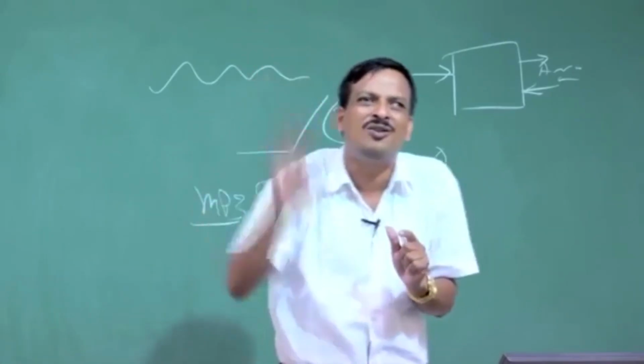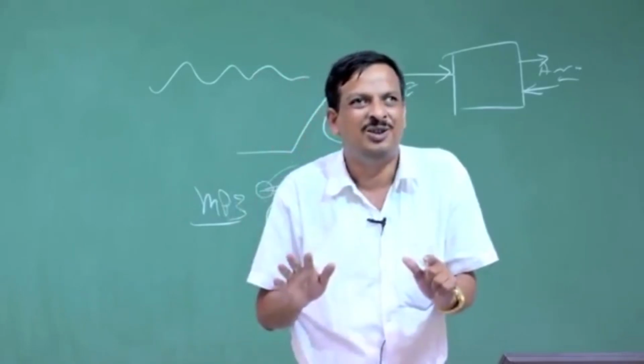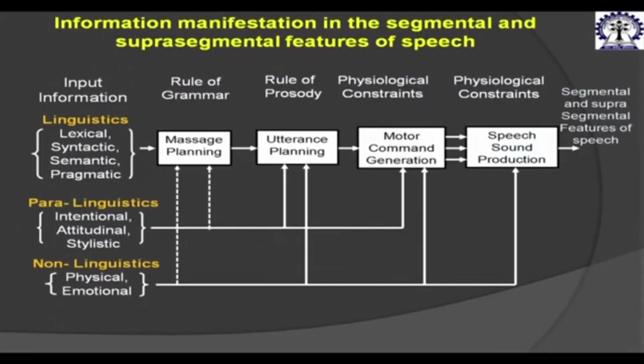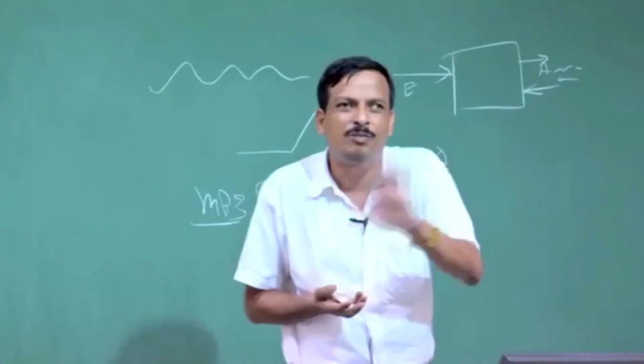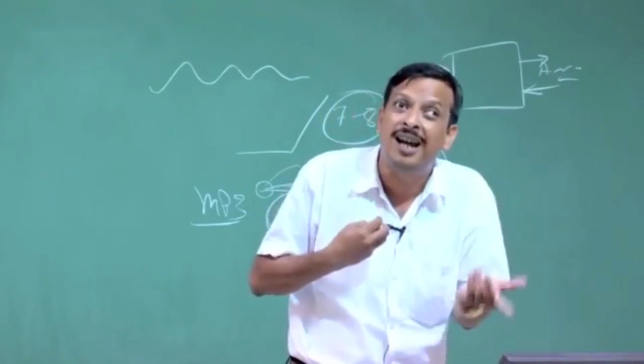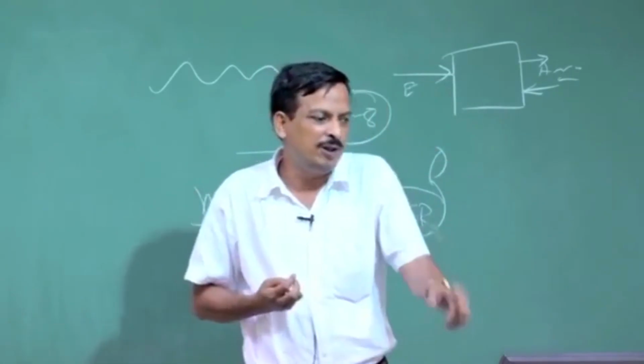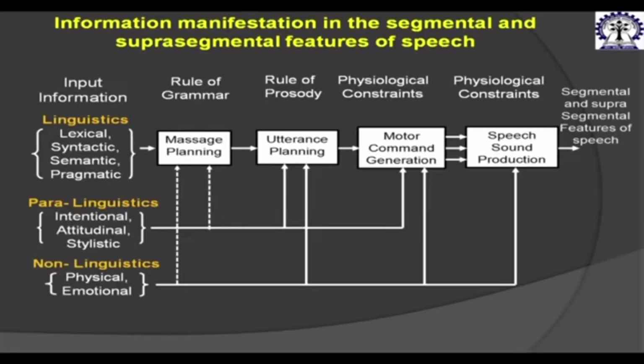A person who does not know the language can also speak it. Although it is a rule of grammar, it is automatic, so grammar is not the primary criterion. Grammar is discovered by us to explain the phenomena of what message planning is doing. So, message planning is lexical, syntactic, semantic and pragmatic.